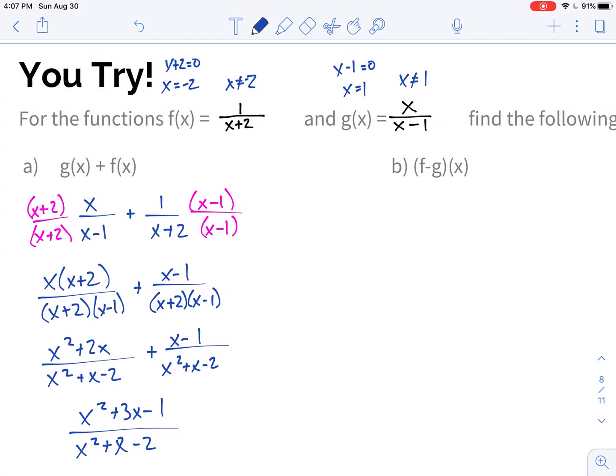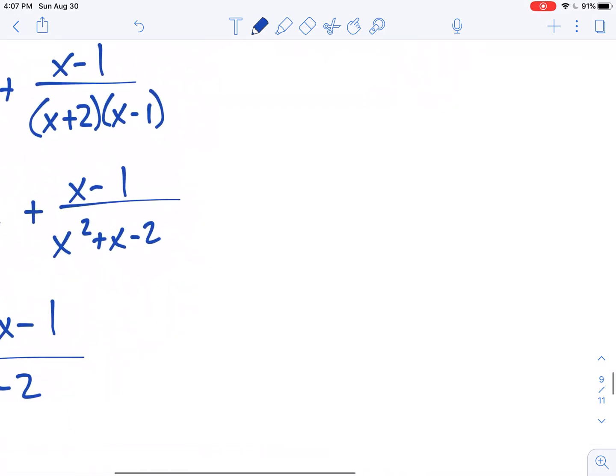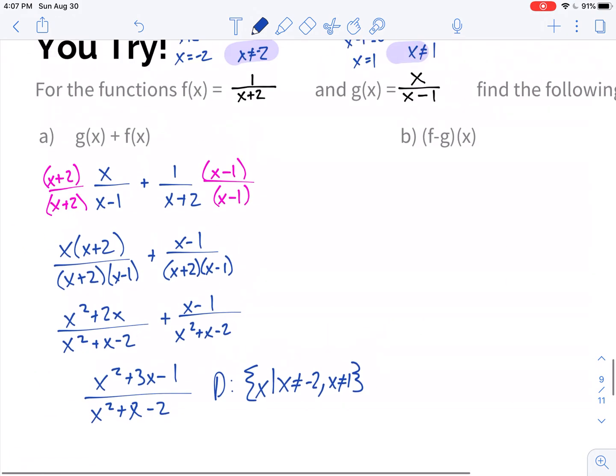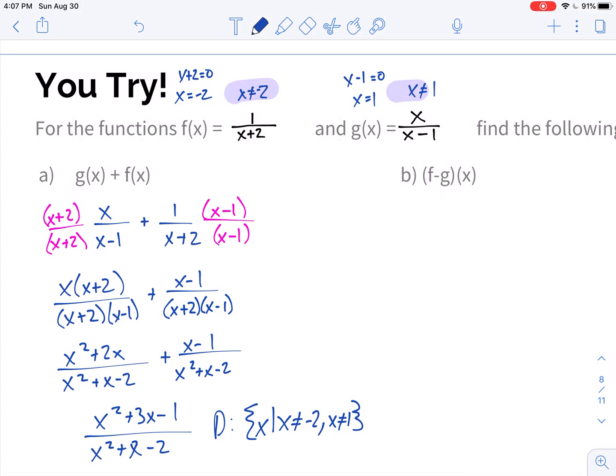I had a domain up here of x cannot be equal to -2, and here of x can't be equal to 1. So here, my domain is what they have in common. This is going to be all values of x where x can't be equal to -2 and x can't be equal to 1. In one of my functions, x can't be equal to -2, and in my other function, x can't be equal to 1. So when I put these two functions together, it can't be either of these values.